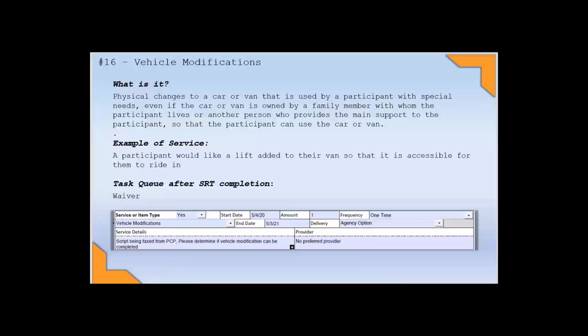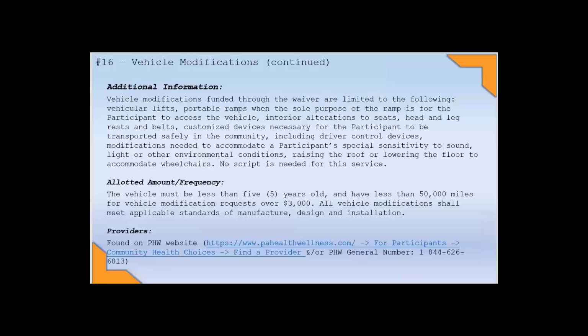Vehicle modifications, number 16, physical changes to a car or van that are used by a participant with special needs. An example, a participant would like a lift added to their van so that it is accessible for them to ride in. A little bit additional information, they're funded through the waiver and are limited to the following: vehicular lifts, portable ramps, just listing all the different things that this is limited to.